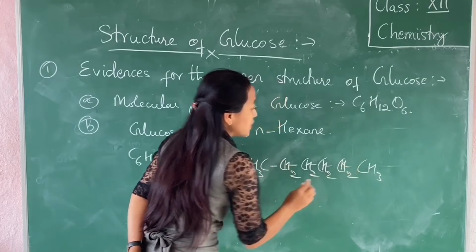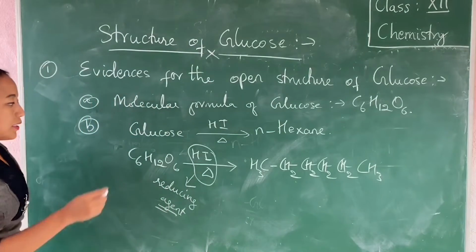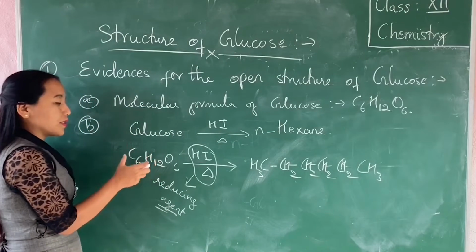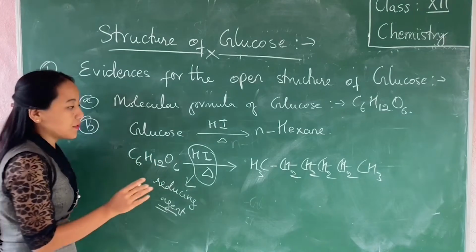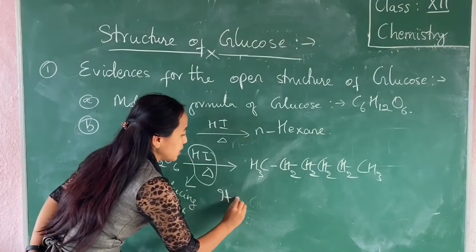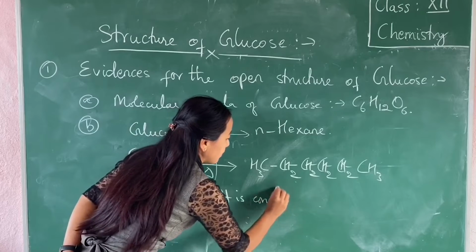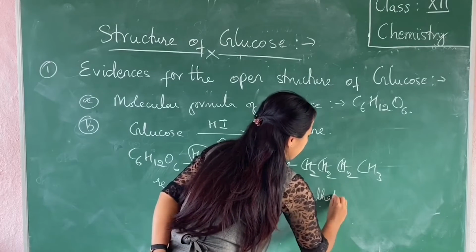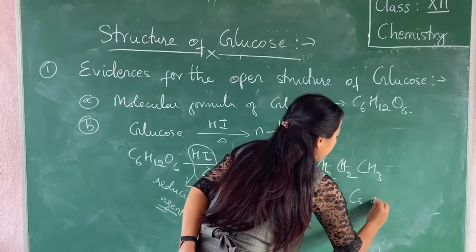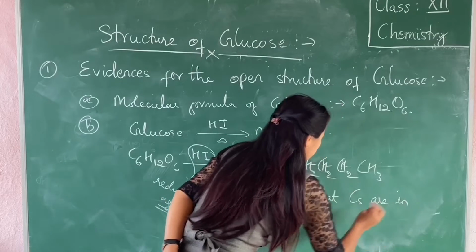Now from this, it was concluded that the six carbon atoms present in glucose are in the form of a straight chain.